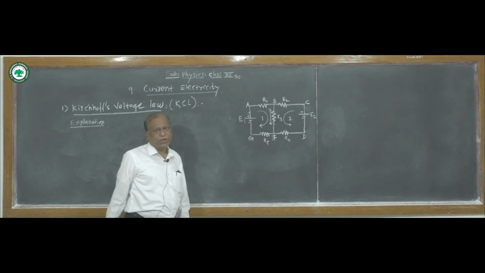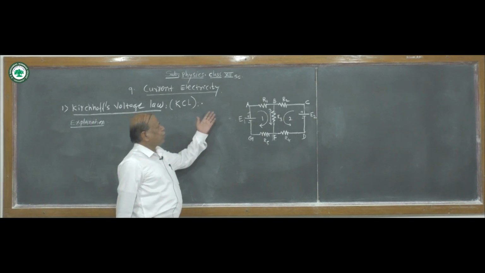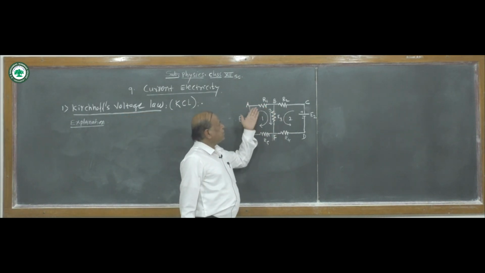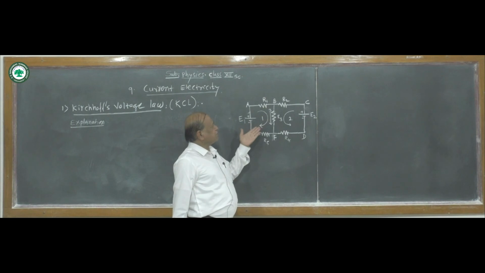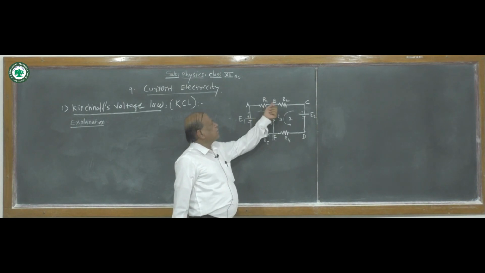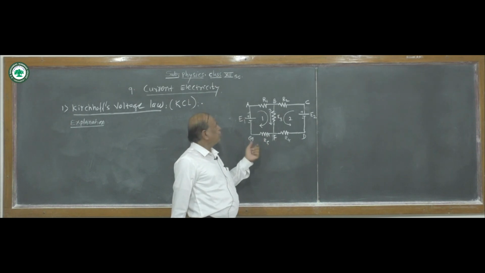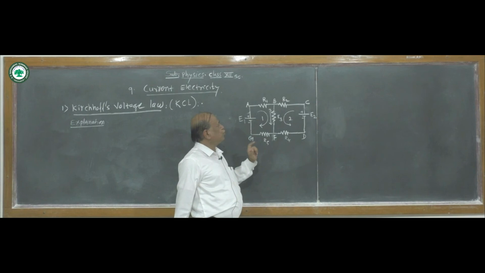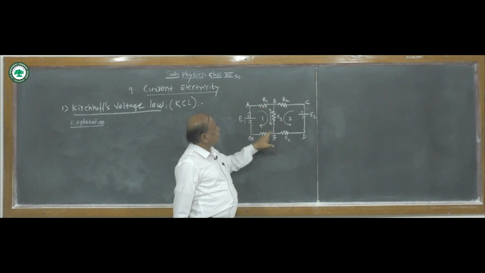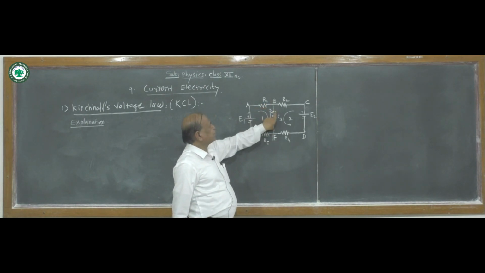From this network we know that B is a junction and F is a junction. This is loop 1, this is loop 2, and this is a branch.